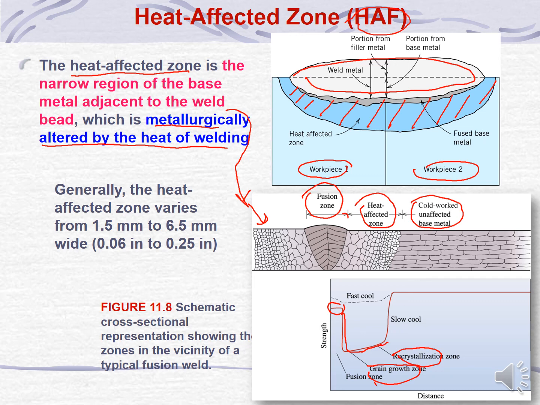You can see the changes of the microstructure. The changes of the microstructure will affect the properties of the strength. And then here this is the unaffected base material. So when you check the strength on this area, you can see that the strength is actually the strength of the base metal, meaning that this area is the area of unaffected base metal.